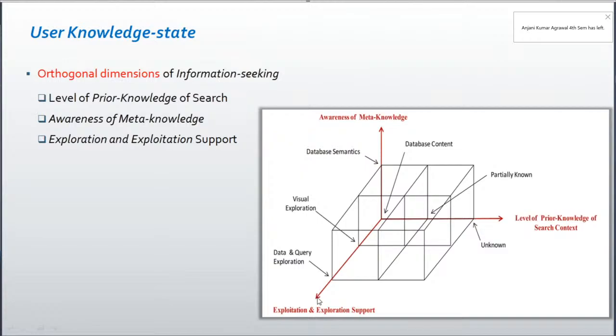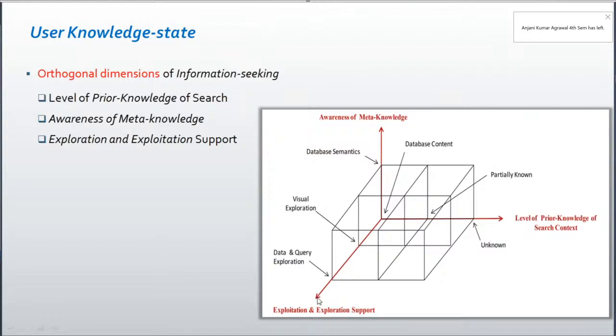So the third dimension illustrates the possible support a system is able to provide to the user. This direction emphasizes the support for exploitation and exploration. Here we are introducing two terms for the search system, which are exploitation and exploration.